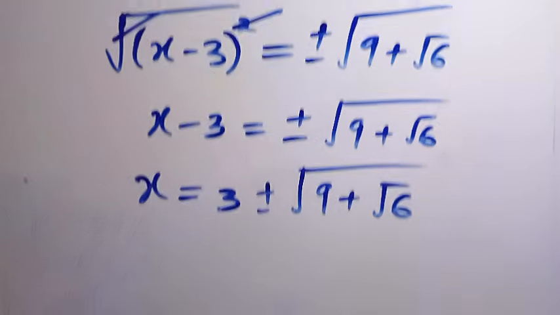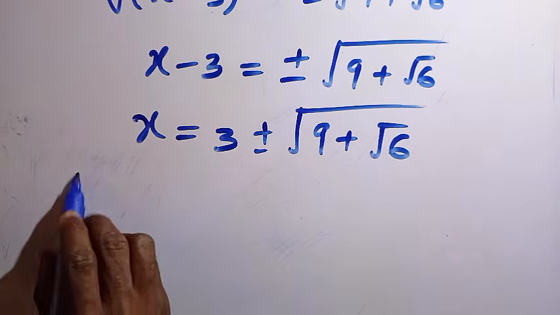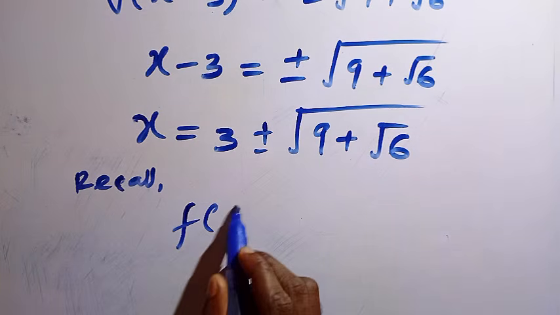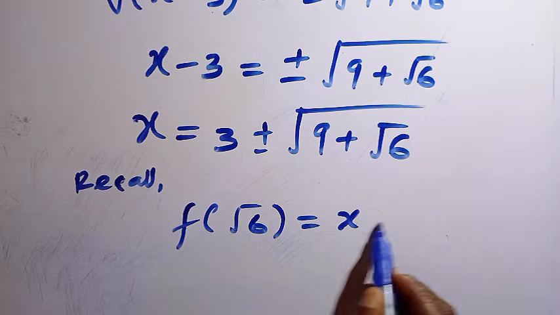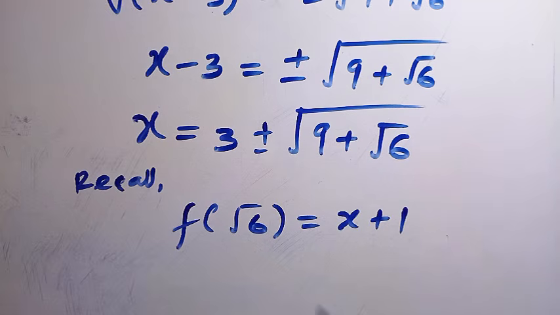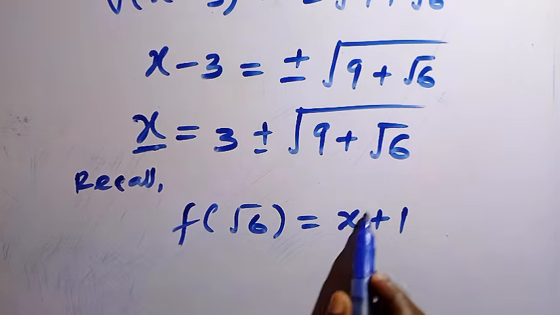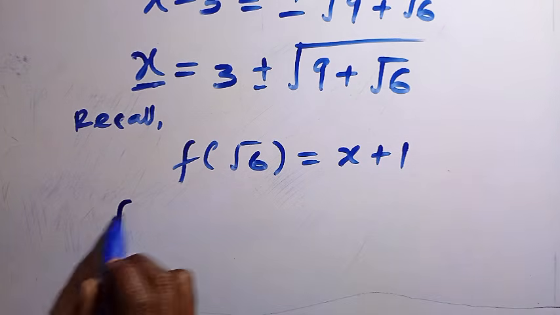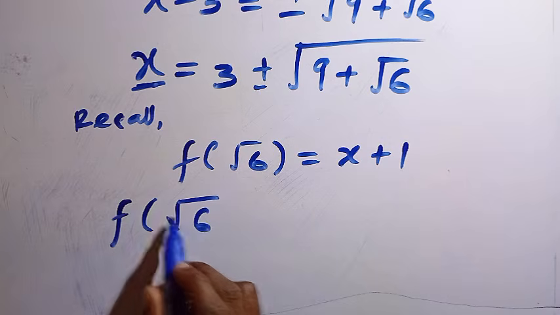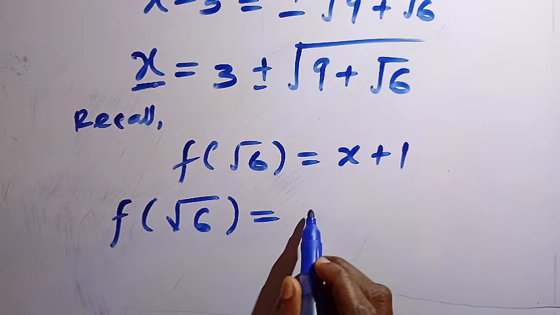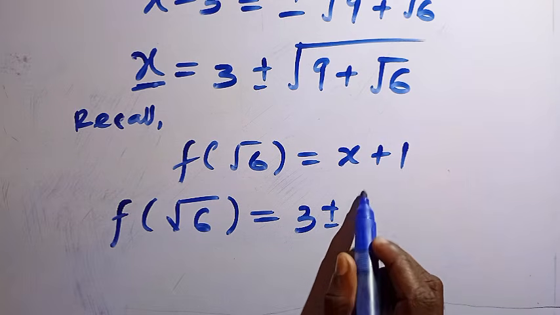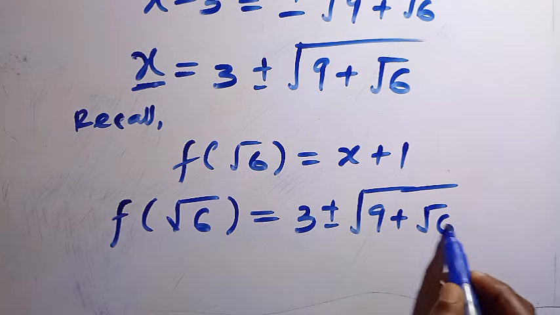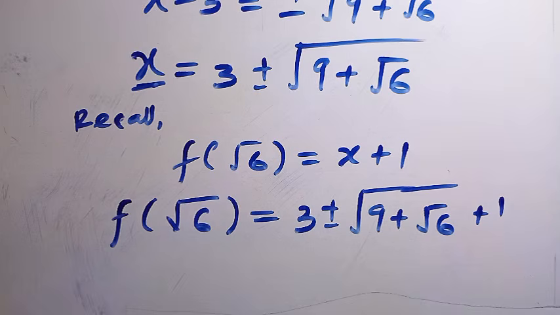This is for x. But if you recall that f of square root of 6 equals x plus 1, we have gotten only x. We have to substitute it here. So by substitution, we have f of square root of 6 equals 3 plus or minus the square root of 9 plus root 6, then plus 1.